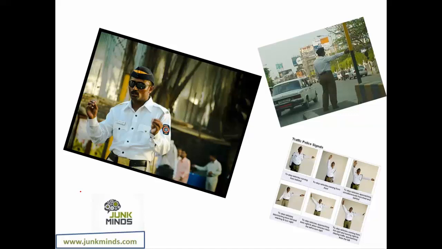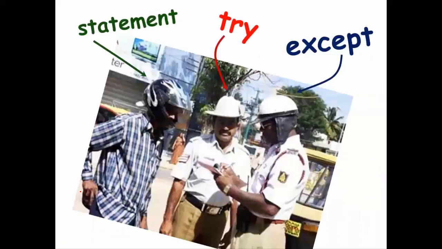Now, this fellow will catch hold of these people who are not following the rules, and then he will take them to someone superior. You would have always seen that this traffic guy always has another superior with him when he's working. So this fellow will catch hold of someone who's not following the rules and then take him to that superior.